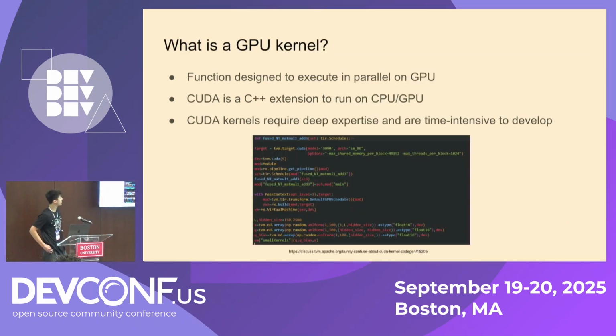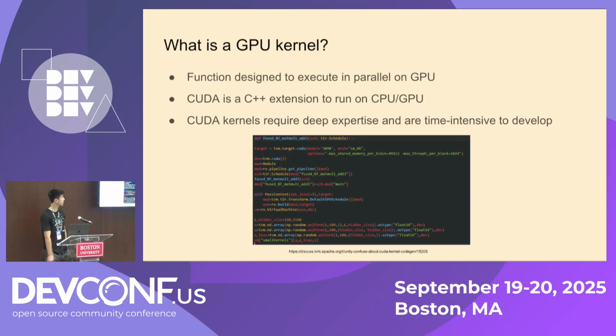A GPU kernel is a function designed to execute in parallel on the GPU, essentially allowing us to maximize the performance of a certain operation or routine, and squeeze all the performance we can out of the GPU. Most notably, we have CUDA, which is a C++ extension to run on the CPU and GPU.